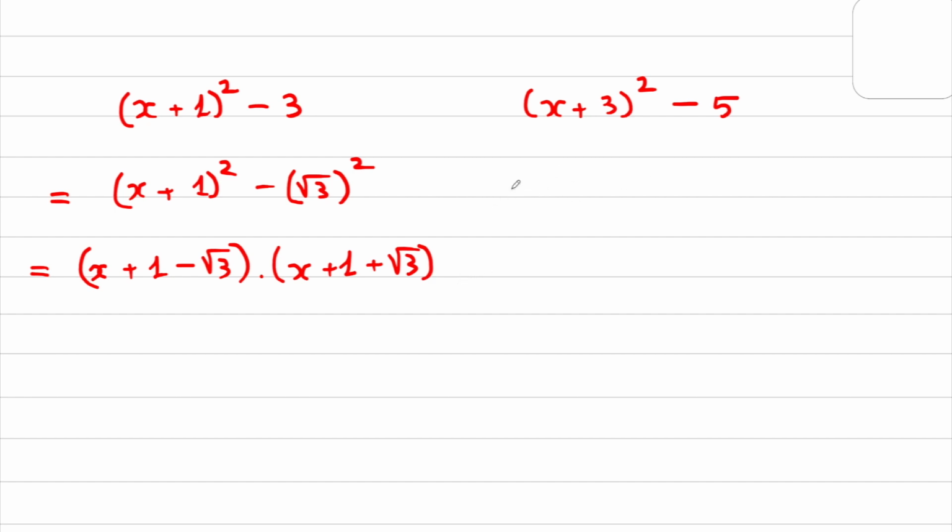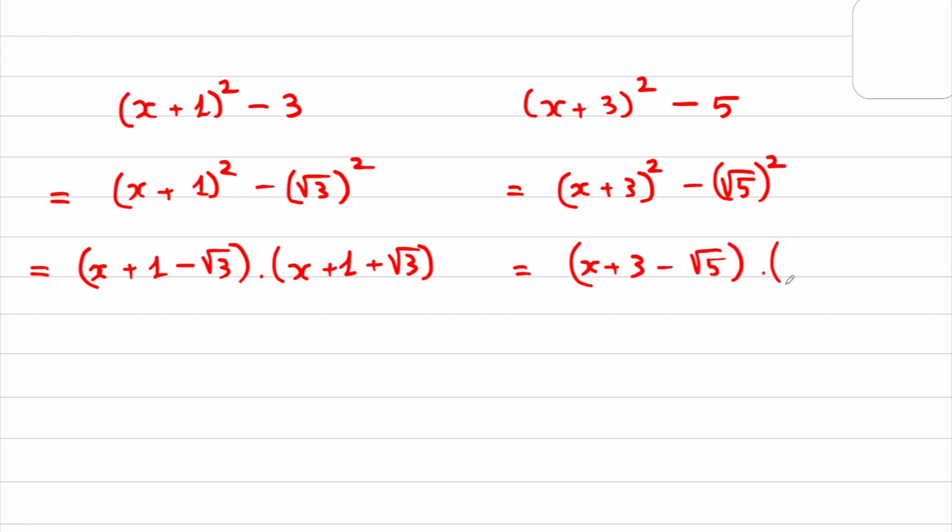The same thing about 5: x plus 3 squared minus square root 5 squared. So x plus 3 minus square root 5, and after that x plus 3 plus square root 5. A little bit difficult writing, a little more complicated, but you have to face this in the real test, the difference of the square.